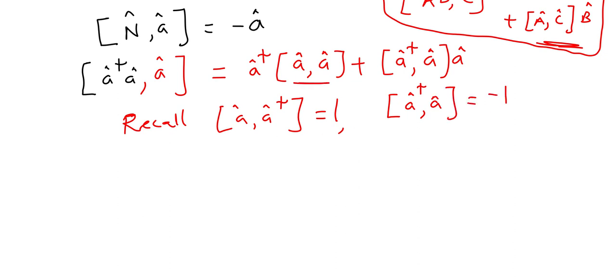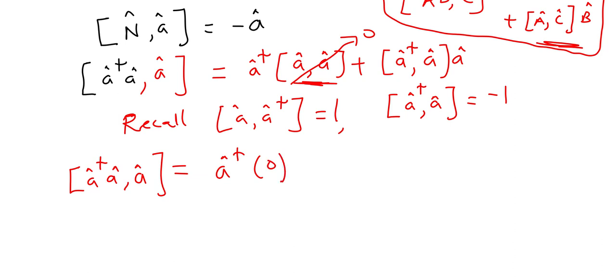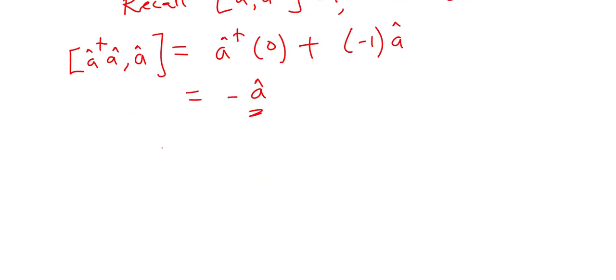But when the operators are the same, a and a, the commutator will be 0. Then the commutator of a dagger a with a will be a dagger multiplied by 0, plus minus 1 multiplied by a. This will be minus 1 times a, because a dagger times 0 is 0. So therefore the commutator of the number operator and a is minus a.